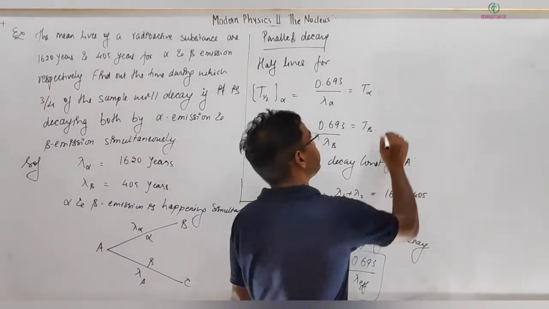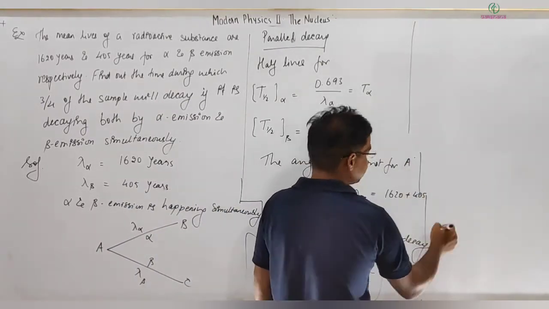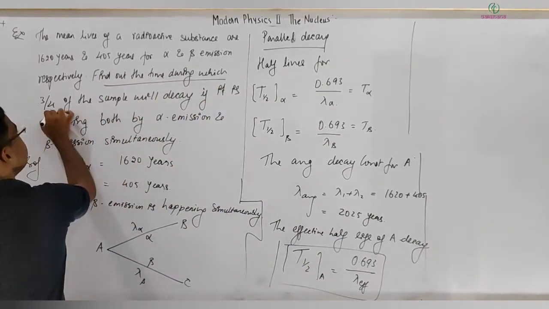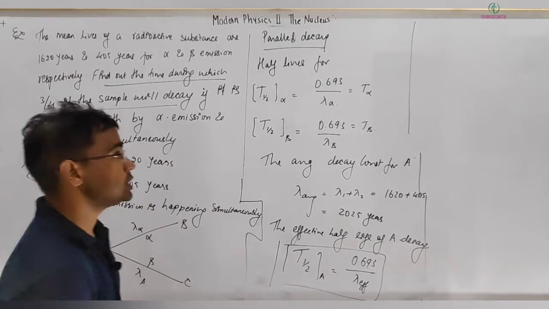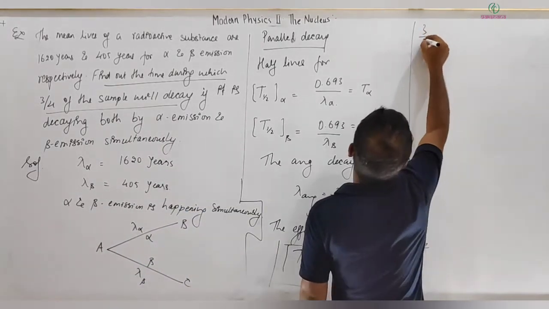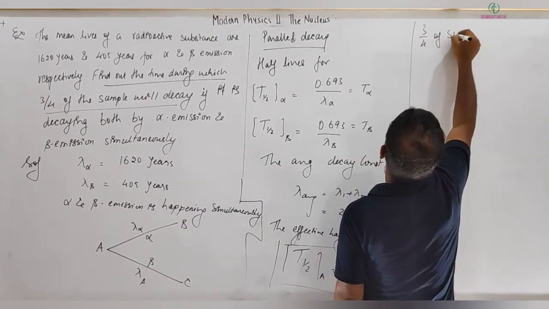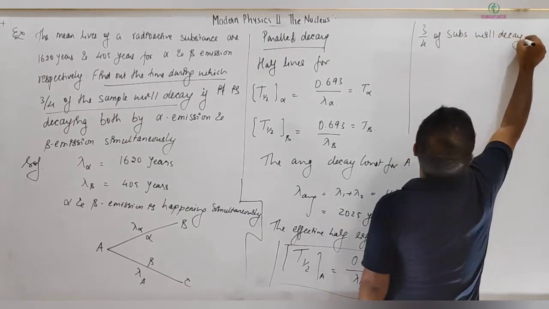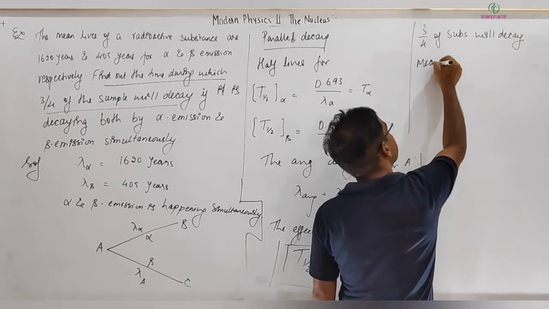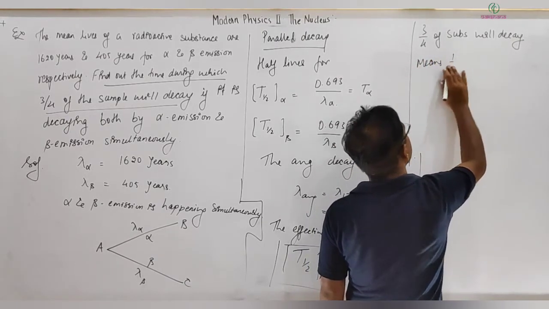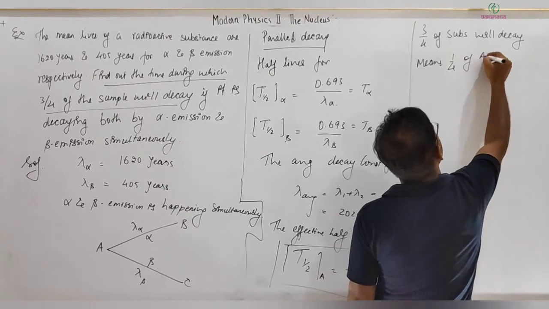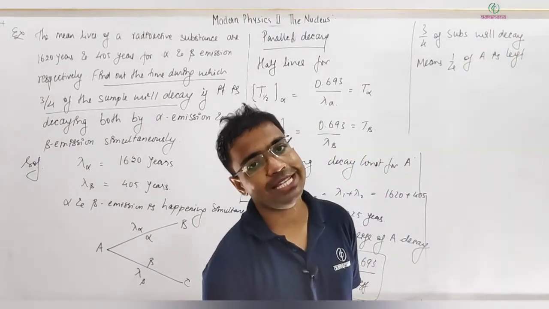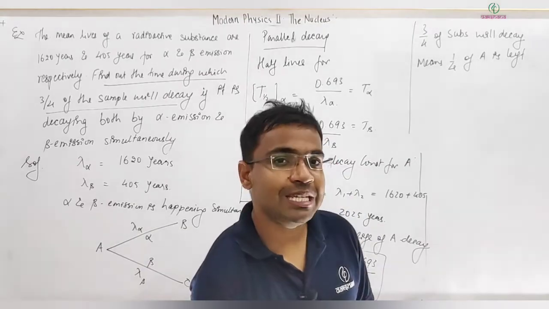Next part, now the question is saying, find the time during which 3/4 of the substance will decay. So 3/4 of the substance decaying means 1/4 of A is left. 3/4 has decayed means 1/4 has left, and 1/4 left means how much duration?